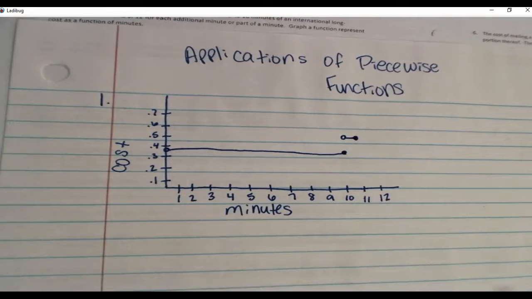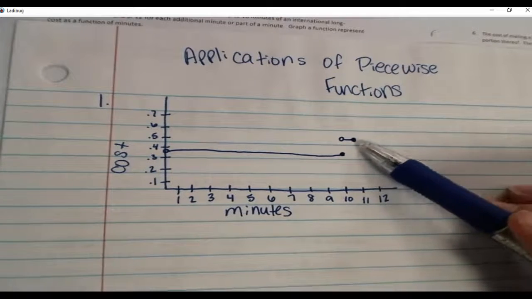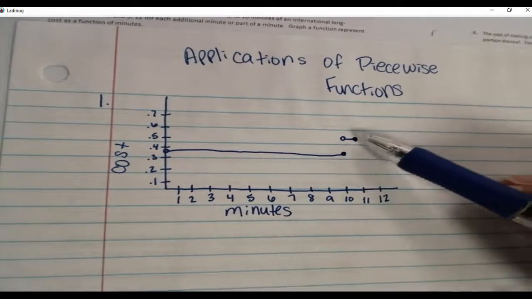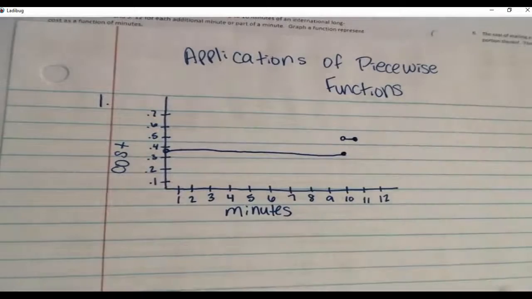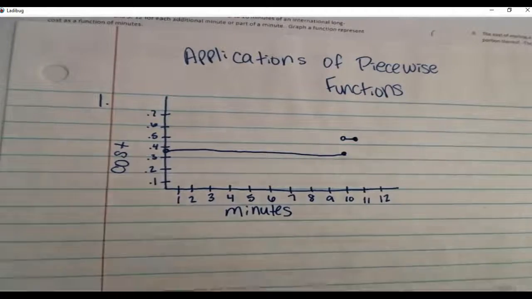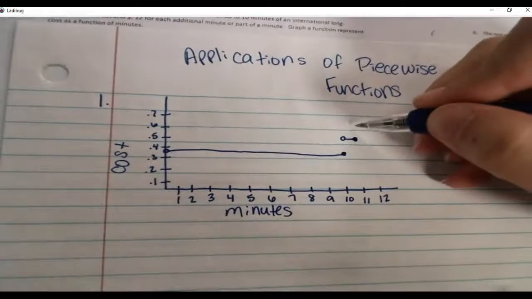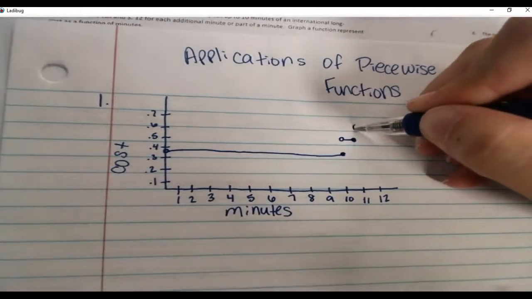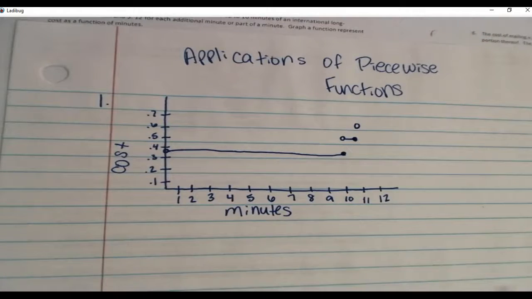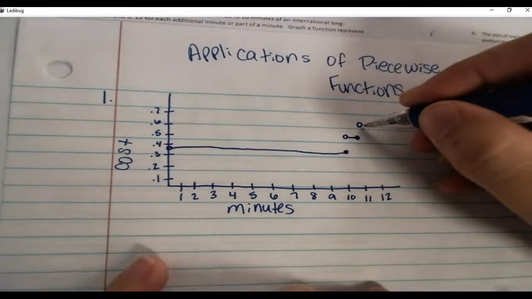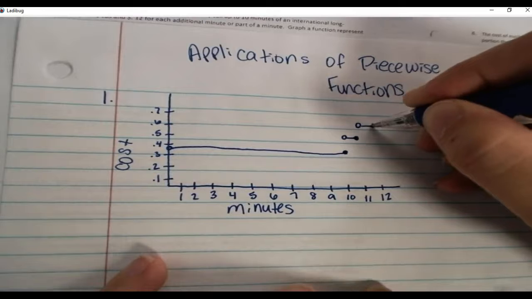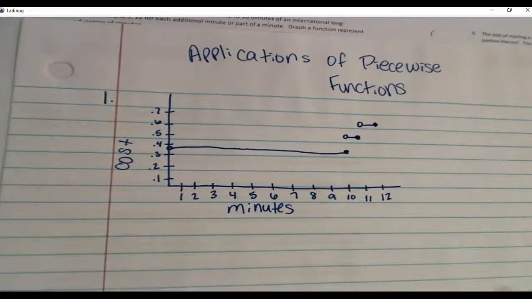Questions? So if it costs me 51 cents to talk for 11 minutes, if I go over 11 minutes, it's another 12 cents. So how many would it be for the next minute? 63. Good. Again, we're starting at 11, but it's open because it's not including the 11. But it's anything above the 11 for the next minute, which takes us to 12 minutes. And you can keep going forever on this.